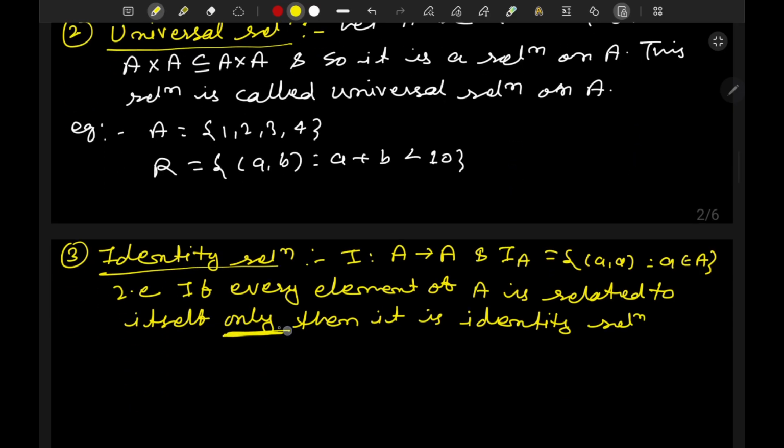This word is important: only itself, otherwise it is not an identity relation.